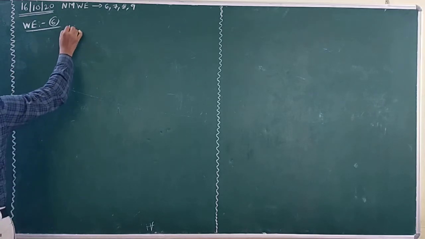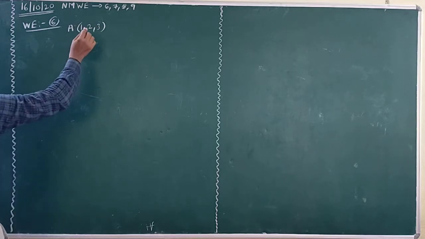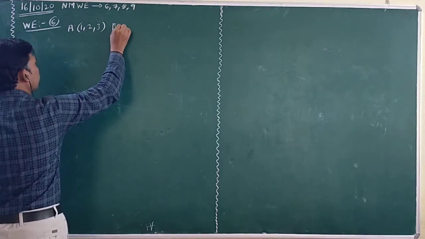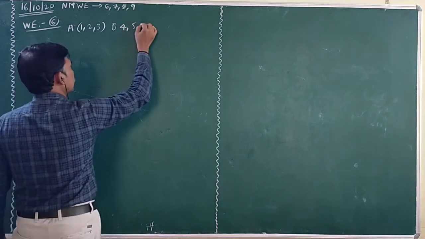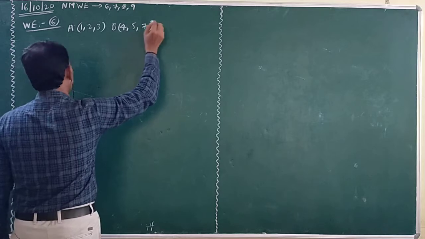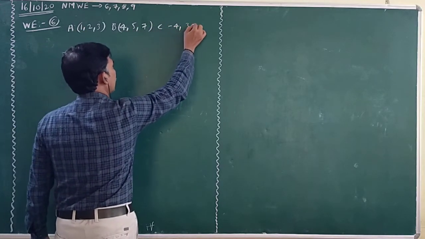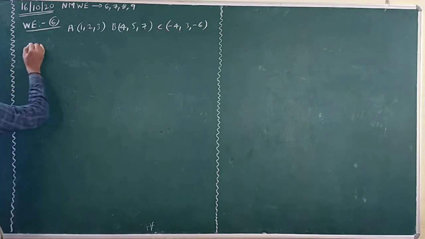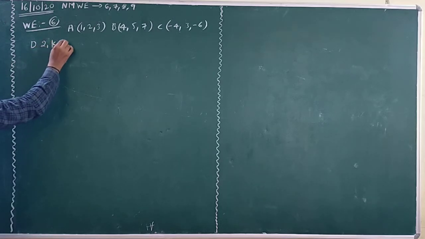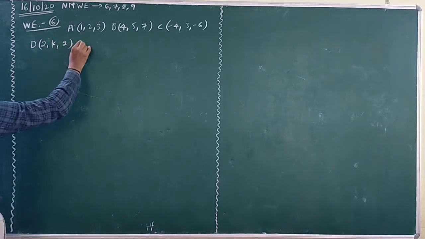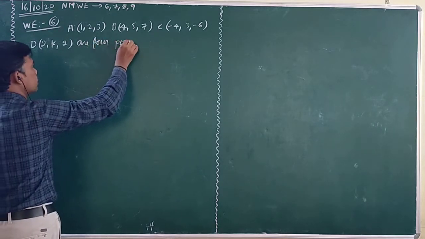Capital A 1 comma 2 comma 3, capital B 4 comma 5 comma 7, capital C minus 4 comma 3 comma minus 6, capital D 2 comma k comma 2 or 4 points.